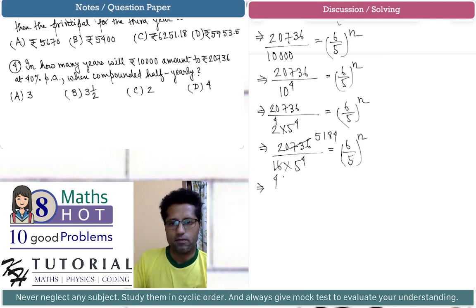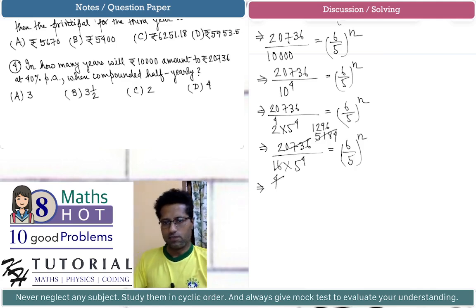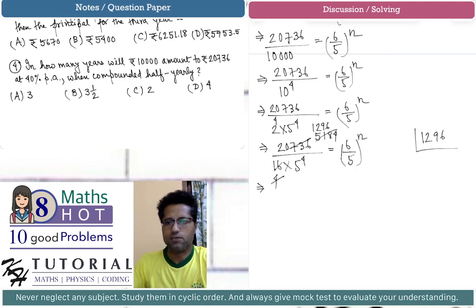If we divide again by 4, we have 1296. Now 1296 is the numerator, that must be expressed as a power of some natural number where the power is 4. So let's quickly do the prime factorization of 1296.